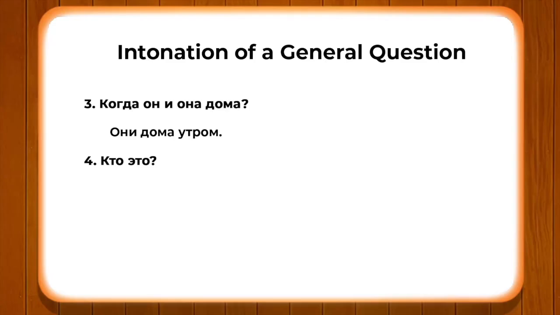Here we can use "eta mama". We can also use "eta papa". We can also use "eta brat". And when combined together, we can also say "Kto oni?", who are they? "Eta mama, eta papa, eta brat" combined together as "eta mama, papa i brat". Alright.